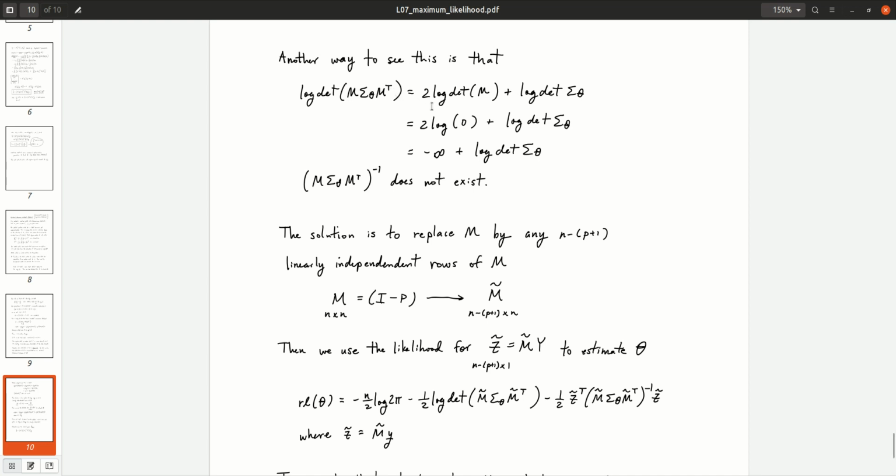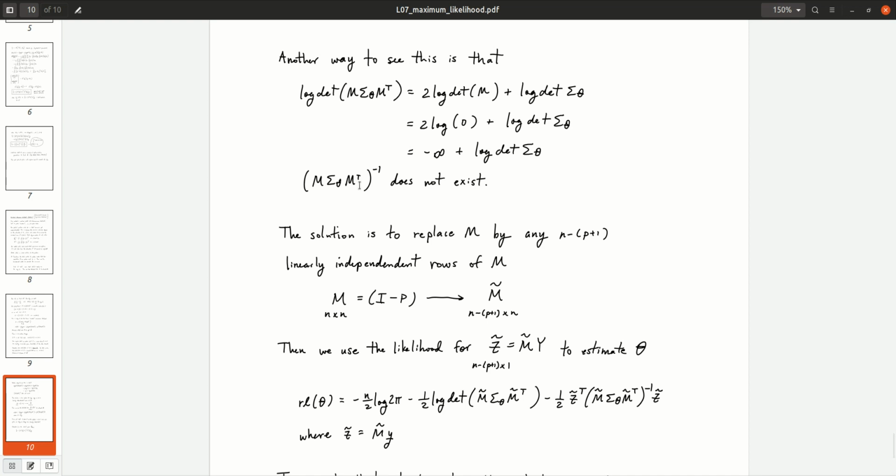So this is twice log determinant of M plus log determinant of sigma theta. And since M is not a full rank matrix, it's singular, its determinant is 0, and if you try to take log of 0, you get minus infinity. So this is a clear practical problem with using this approach.